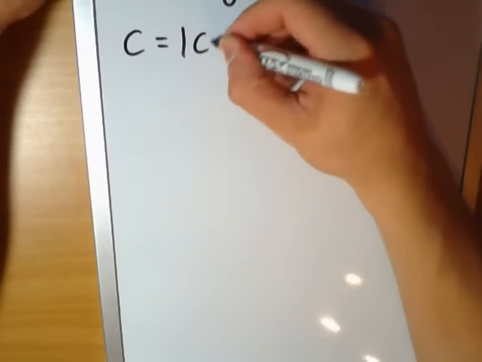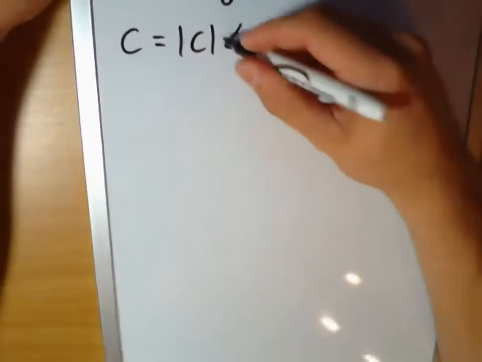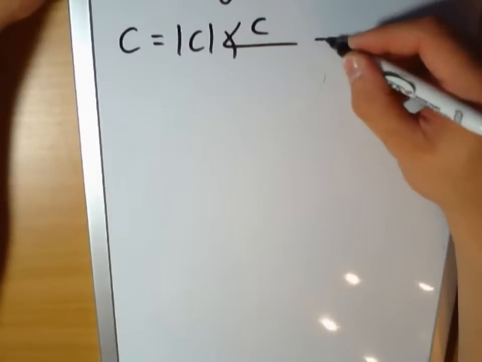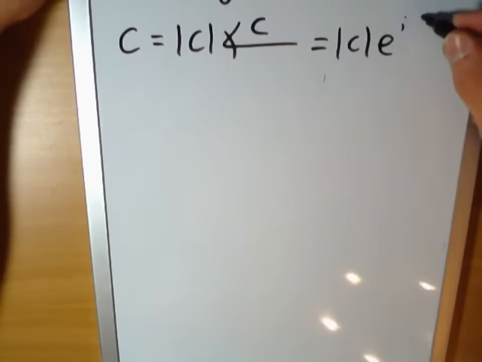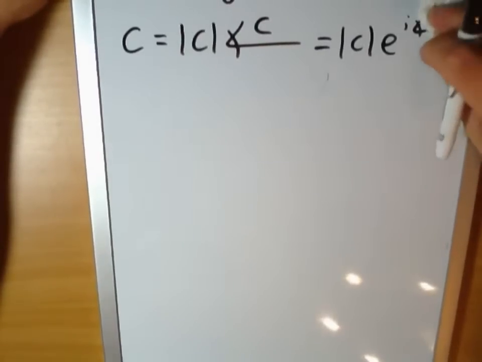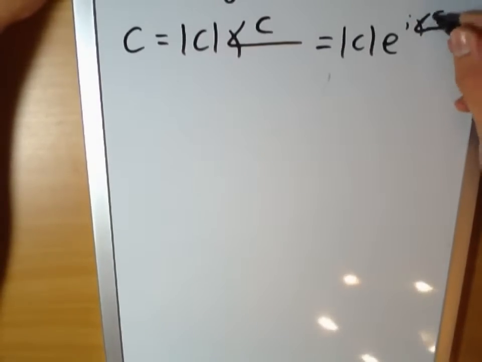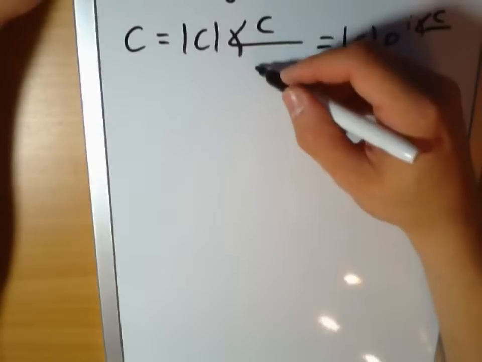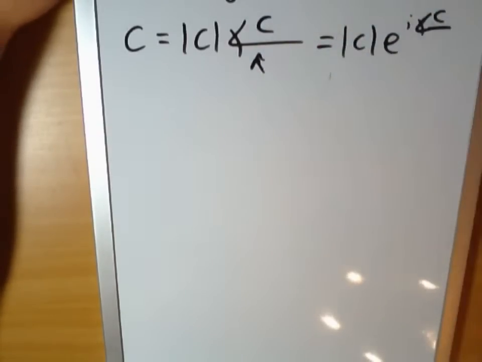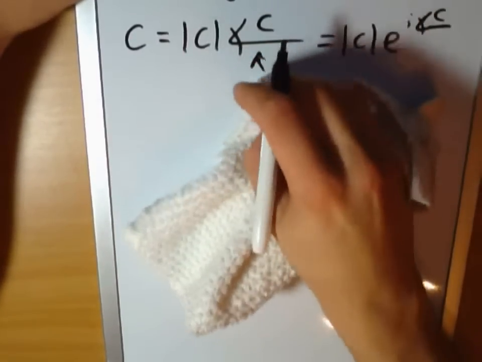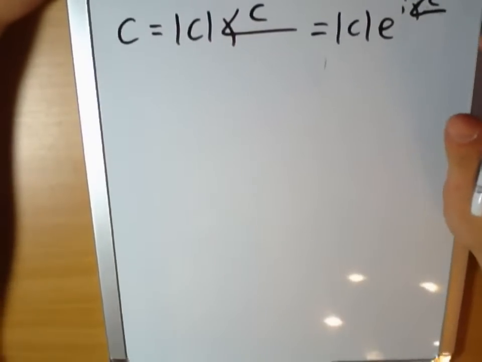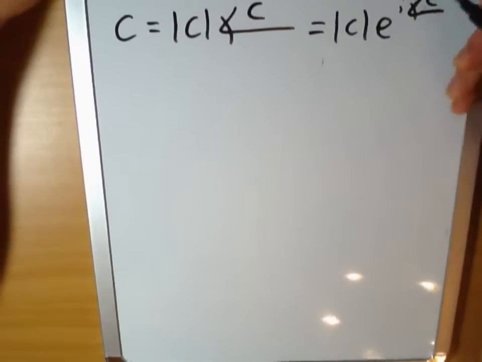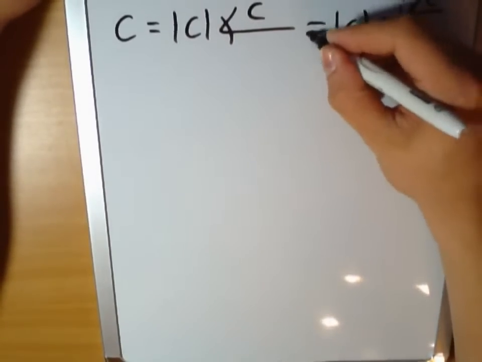C equals magnitude of C times angle C, or another way of saying that is magnitude of C e to the i angle of C. And this is standard notation in electrical engineering whenever you start dealing with phasors, which is a rotating angle, but I'm not going to get into that in this video. I will get to that at some point in the future.